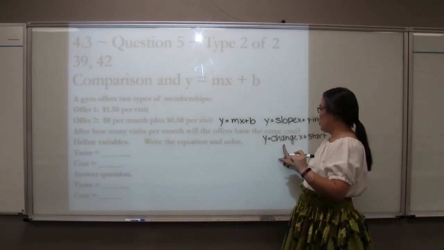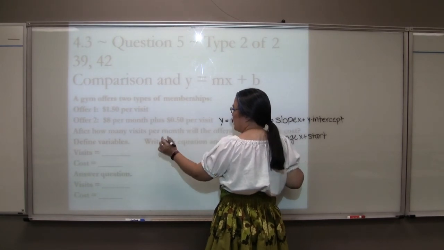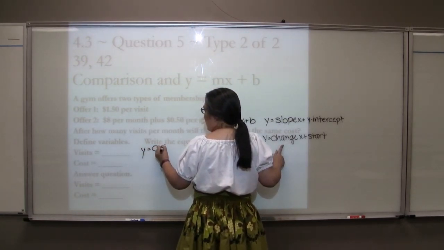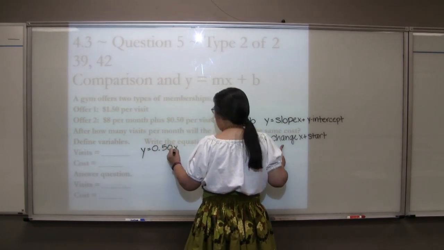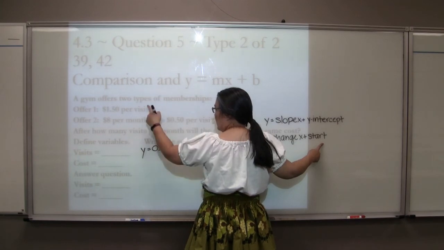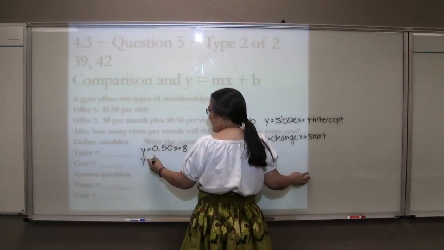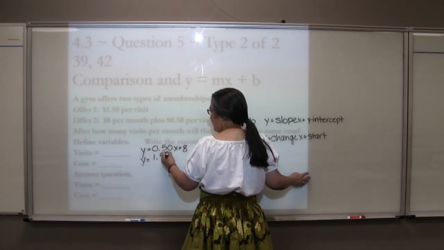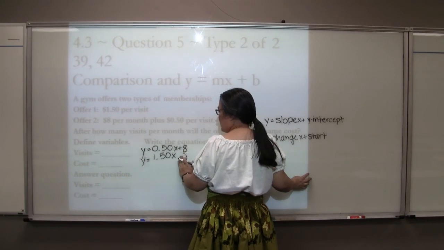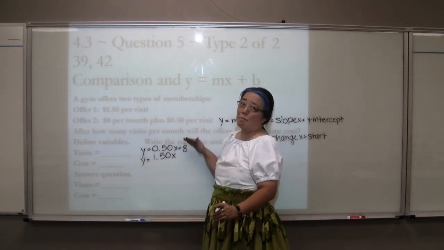How much did it change each time? 50 cents per visit. So y equals 50 cents per visit plus the starting amount of $8 a month. Here, y equals, it changes by $1.50 per visit, and it started off with $0, which adding 0 by the additive identity, we don't have to write. Sorry, I wrote that backwards.